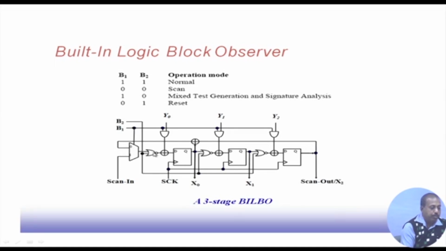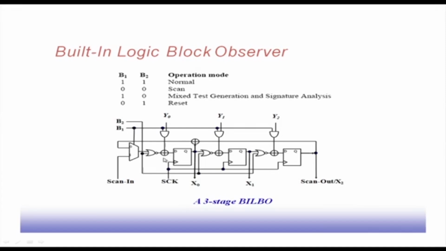So, whatever is coming on this line will be appearing at this point, and at the output of this NOR gate the inverted version of that will come. So, the inverted version of this 0 input is coming here, and since this is 0, this input is 0. So, whatever you are getting here will be coming to this point.